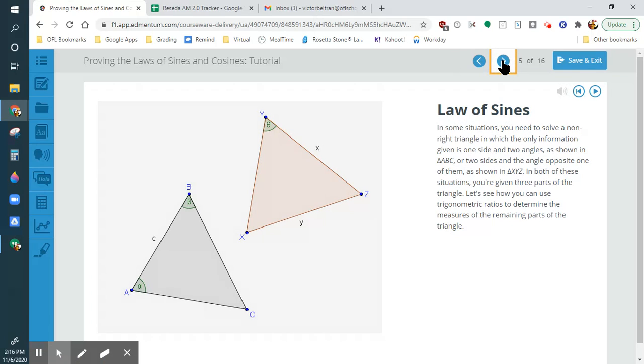Oh, we're doing law of sines and law of cosines. So apparently we're doing law of sines first. I was expecting cosines first. This is a very interesting one. So what happens here is if we have two congruent triangles, we're able to use sine to help us solve for another triangle.